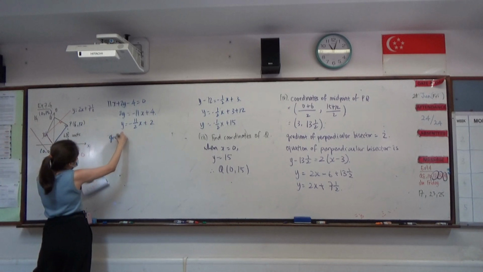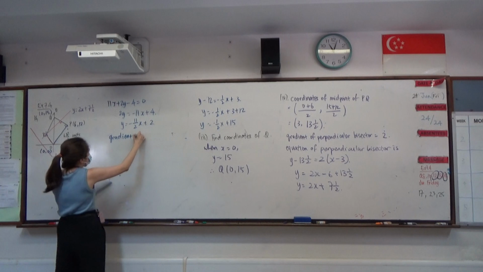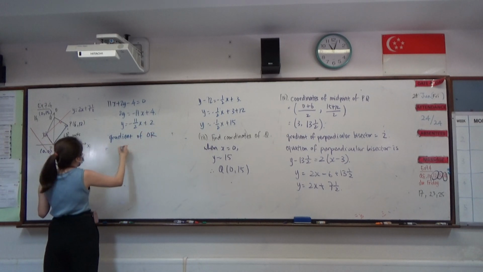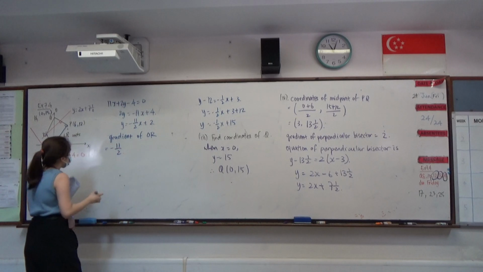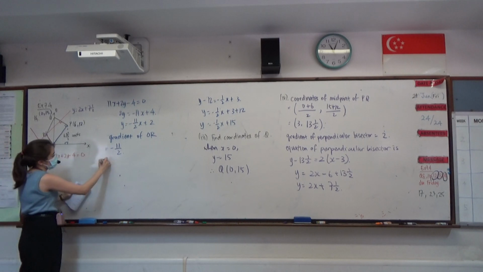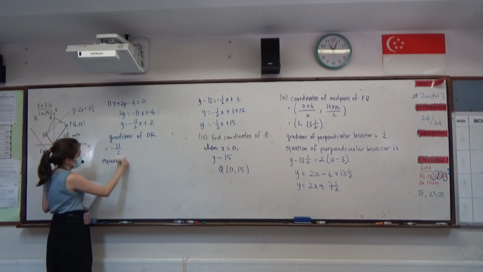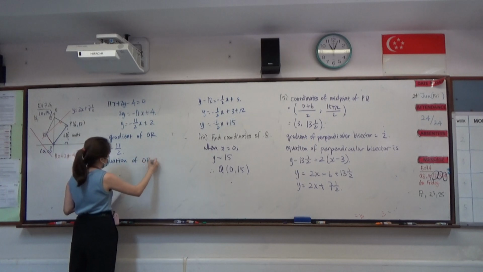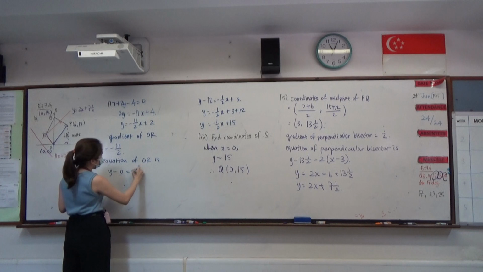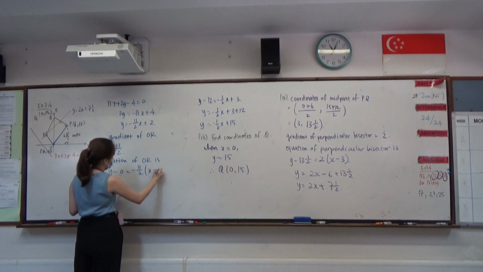Since that line is parallel to OR, the gradient of OR would actually be equal to negative 11 over 2. And since it is OR, we have this point here, the origin. So the equation of OR would be y minus 0 equals negative 11 over 2 times (x minus 0).